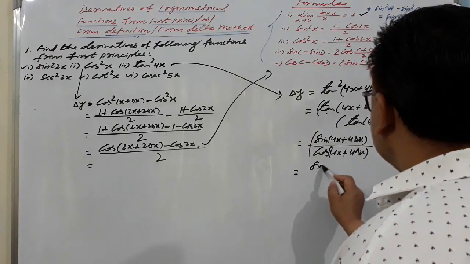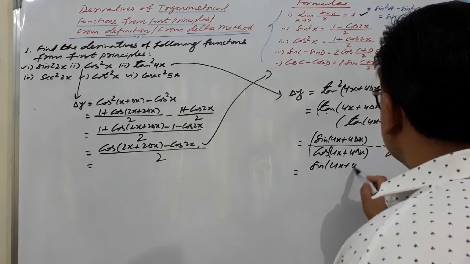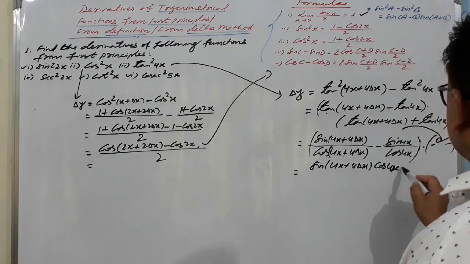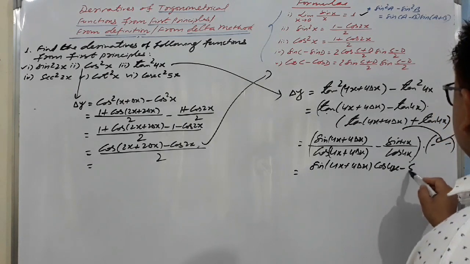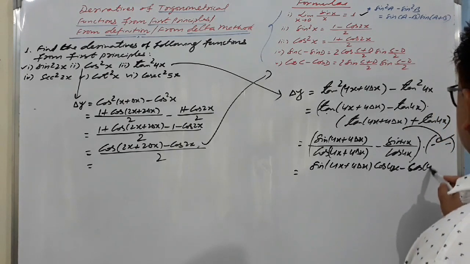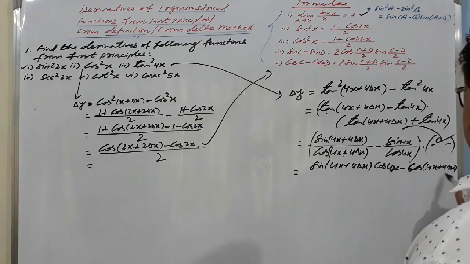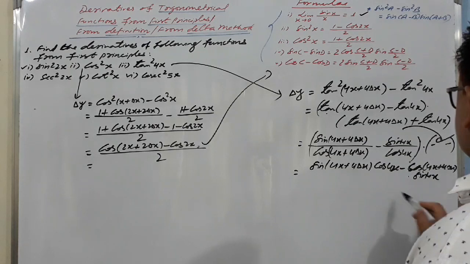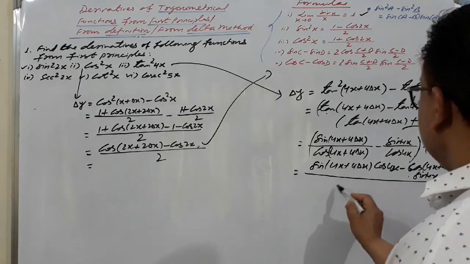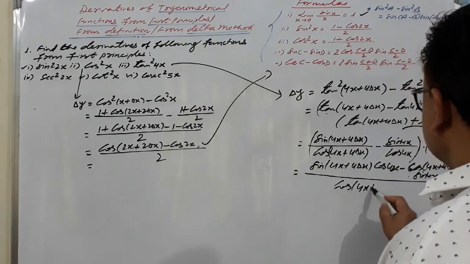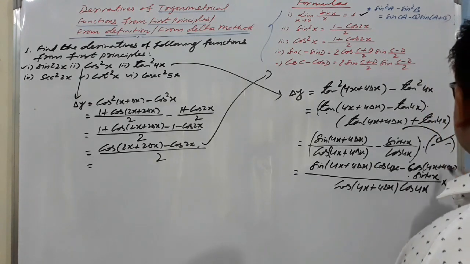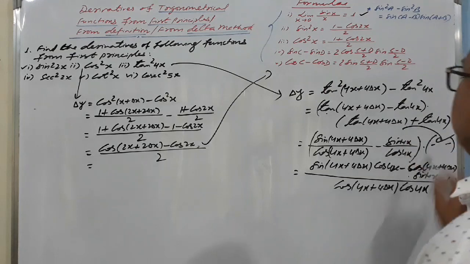You will have sine of (4x plus 4 delta x) times cos 4x minus cos of (4x plus 4 delta x) times sine 4x, over cos of (4x plus 4 delta x) times cos 4x, again the same thing.